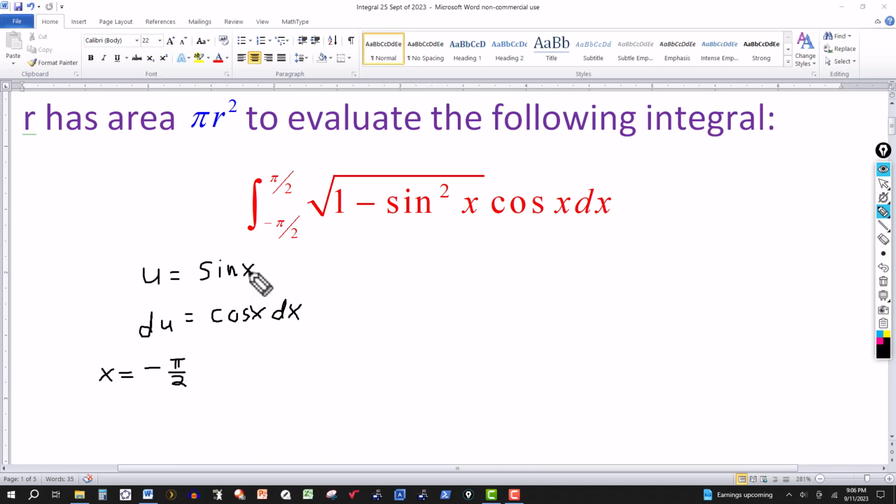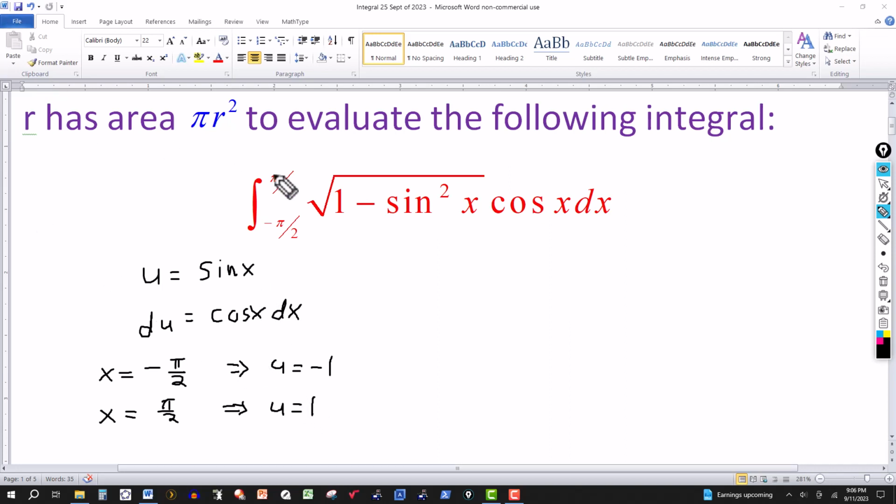We replace the x by minus pi over 2 here. Sine of minus pi over 2 gives us u equal to negative 1. Now if x is equal to pi over 2, the sine of pi over 2 is 1, so u is equal to 1.